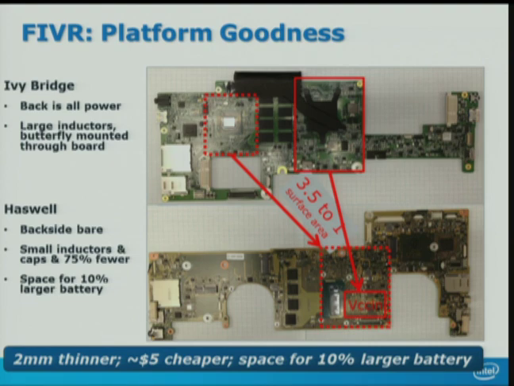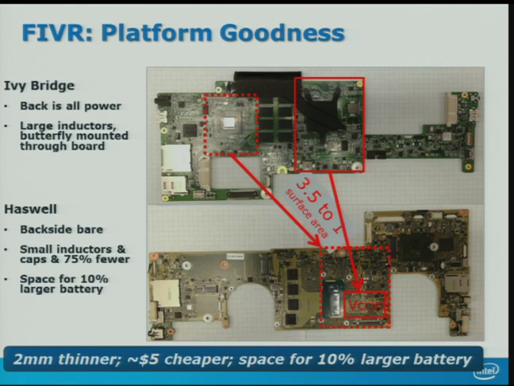And I think in the next generation, when people want to build a new chassis, they can actually cash in on this PCB board area saving and build an even smaller motherboard and potentially go after new form factors. So that was FIVR, giving us both efficiency improvements and also a lot of platform goodness.